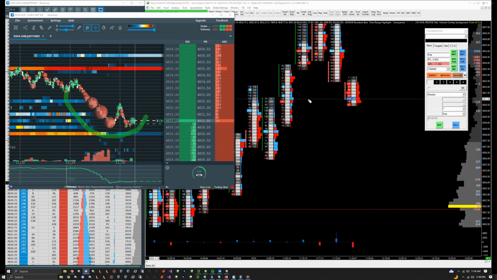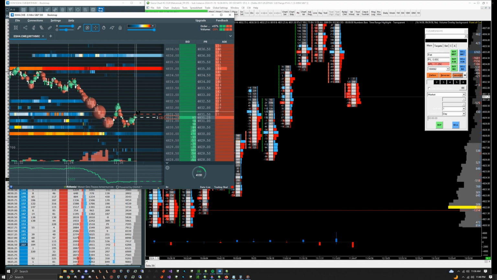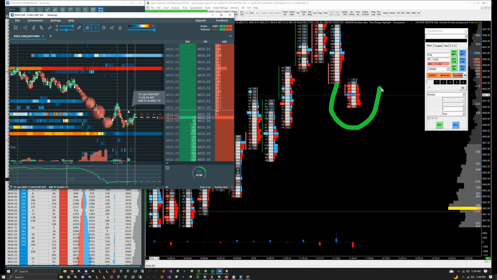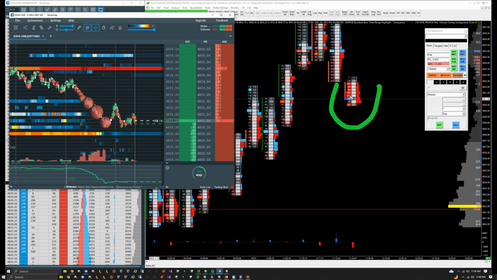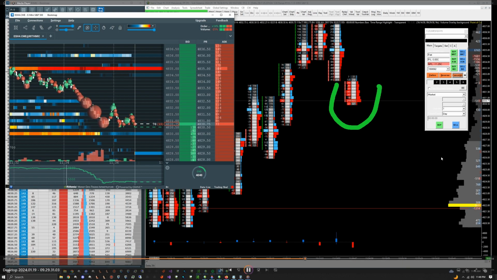But why are we not moving down fast if we're selling off this many lots? Look at how much we're selling. 300 lots here, 200, 300, 400, 300. This is over thousands of lots right here, yet we're not selling off hard.